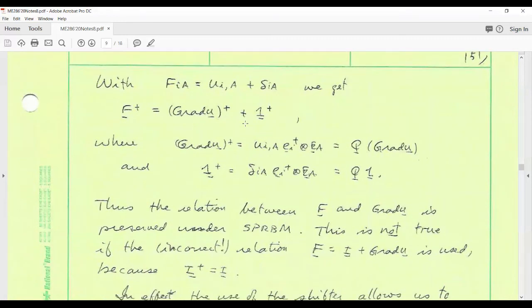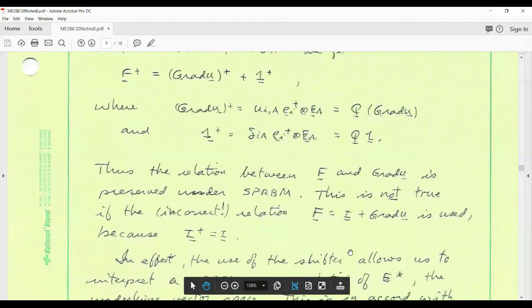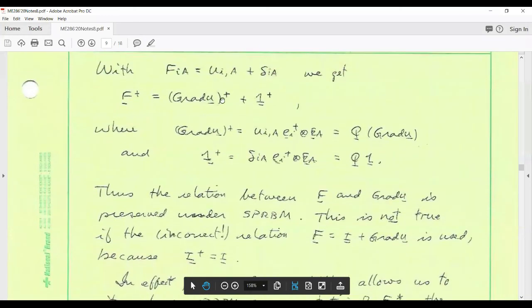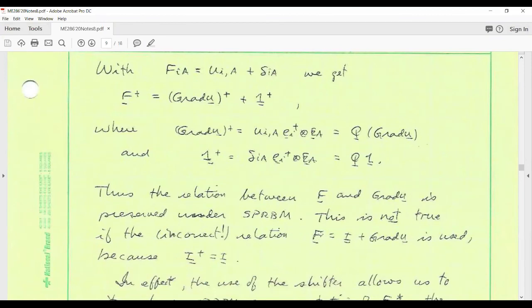If you instead use this incorrect relation where you replace the shifter by the conventional identity, as is often done, then you would not get this nice equation. The reason being, F plus is QF, but I plus is I, because the vector space E is not being rotated. Okay, so this equation would be destroyed by a superposed rigid motion.